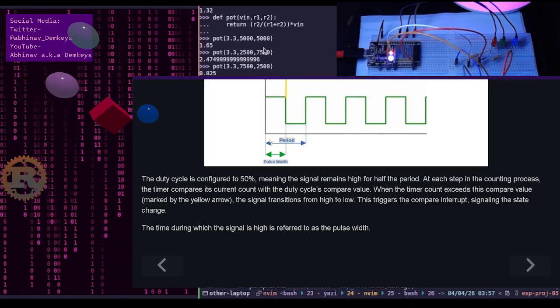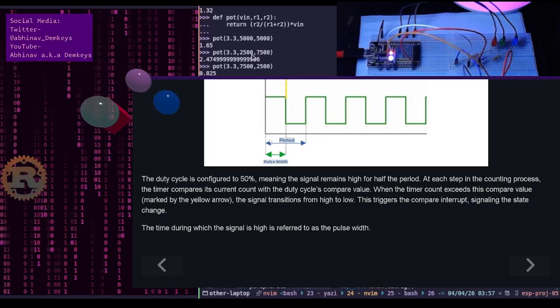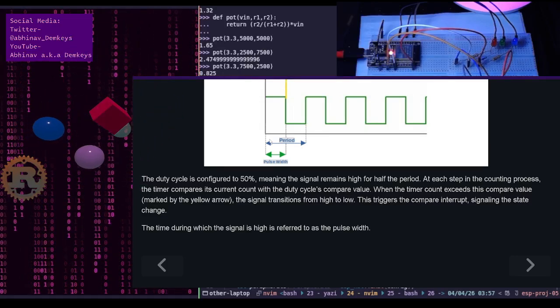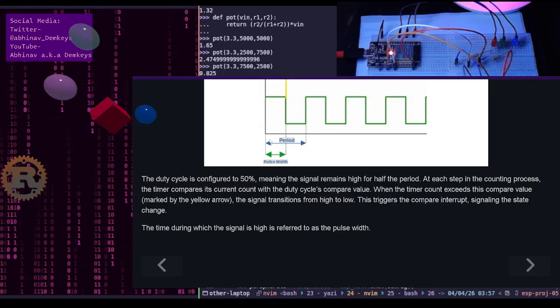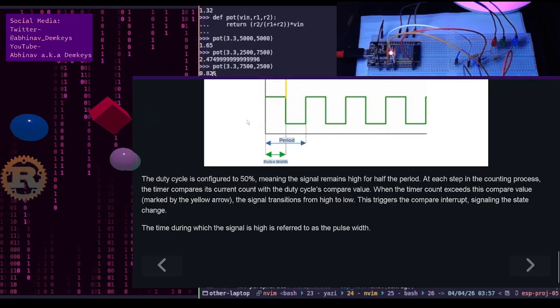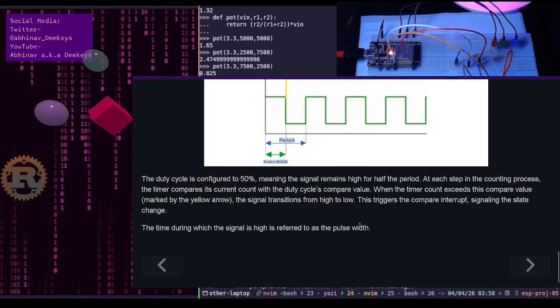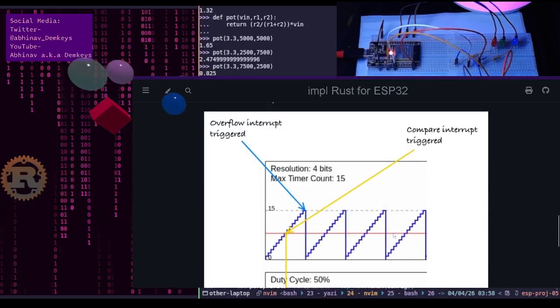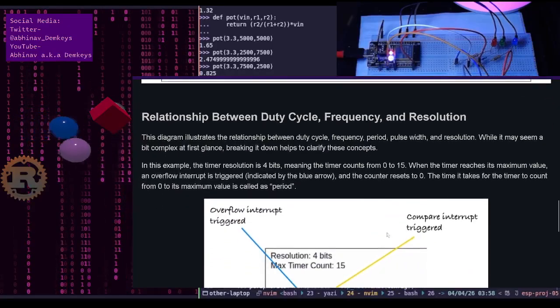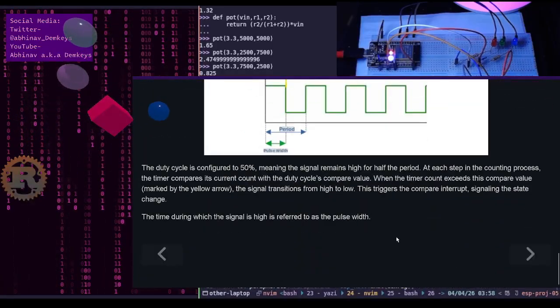Also, if the PWM resolution, what do we call this? So far we're just saying resolution, right? Okay, I guess we're just calling it resolution.